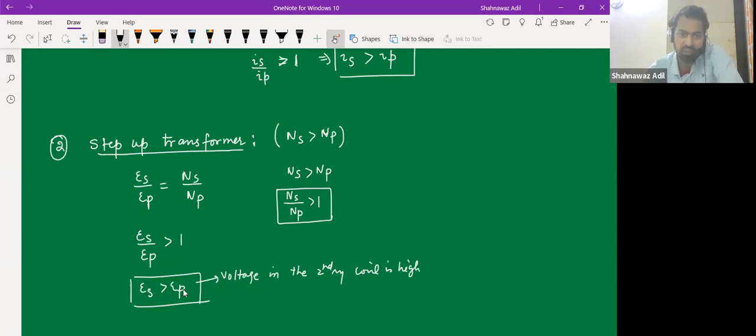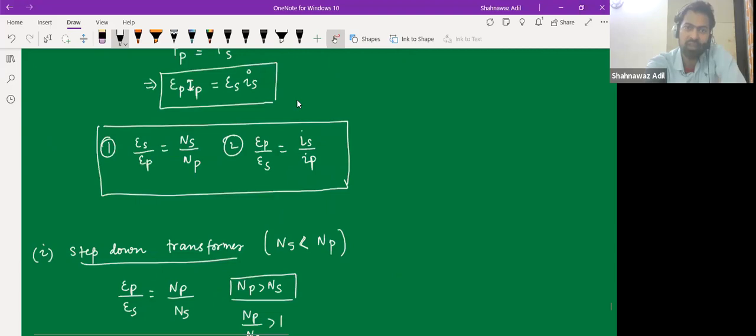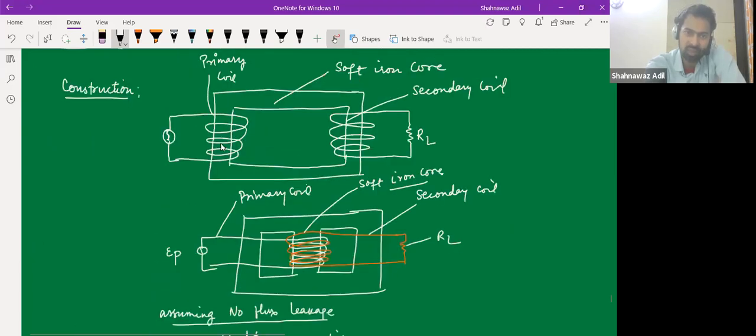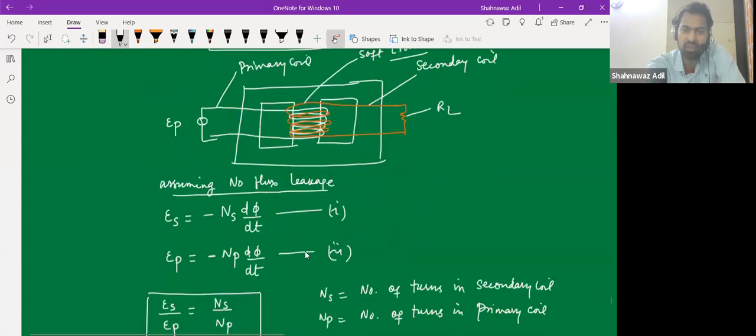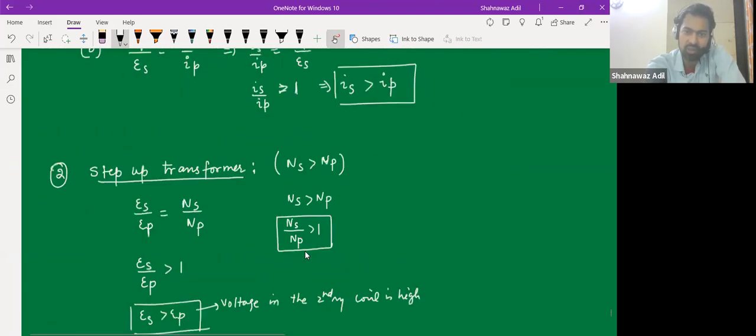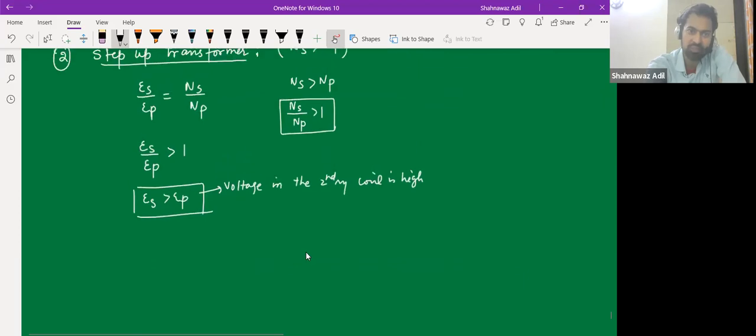So we have changed the lower voltage to a higher voltage with the use of the transformer. With the use of these numbers of turns in the coil, we can either increase or decrease the voltage. So this is the transformer action.